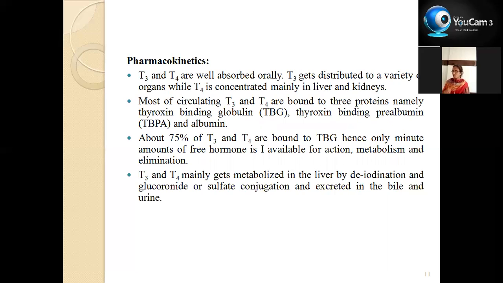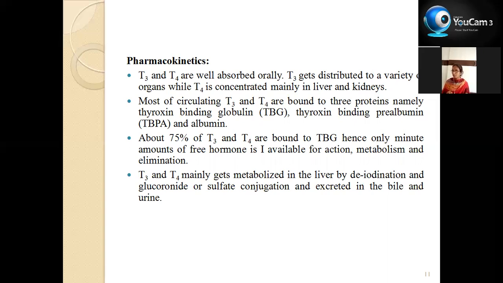Most of the circulating T3 and T4 are bound to three main proteins, namely thyroxine binding globulin, thyroxine binding prealbumin and albumin.